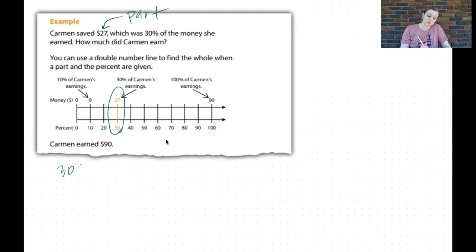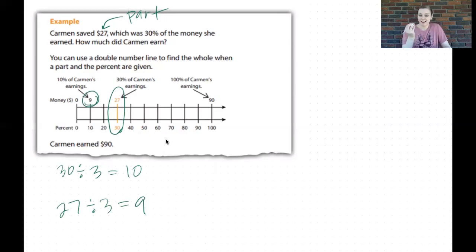If it's going up by tens, right, then 30 divided by 10 is 3 sections to get up there. That's my 10%, right? That's how they said break it up by tens. So if I do 27 divided by those 3 sections, that means that in each of those 10% sections, it's going to be 9. And that's where they got this right here, right? 10% is going to be worth $9.